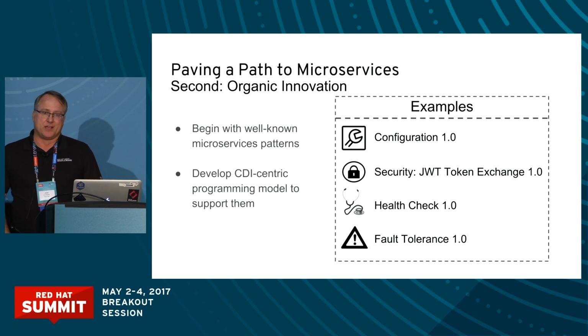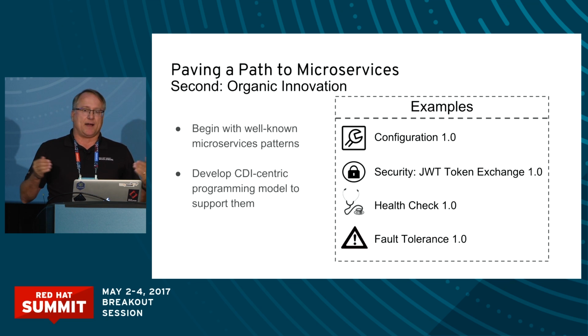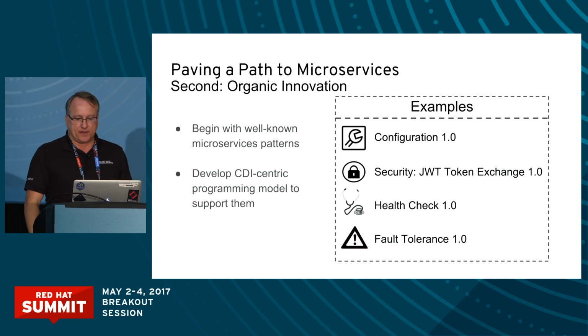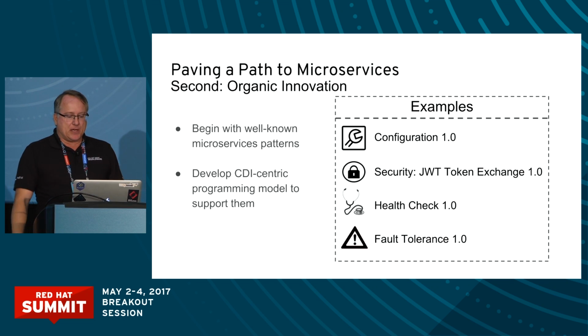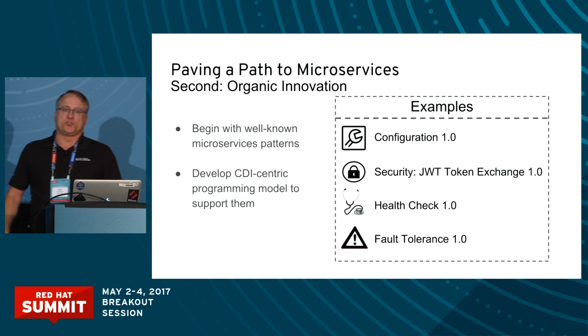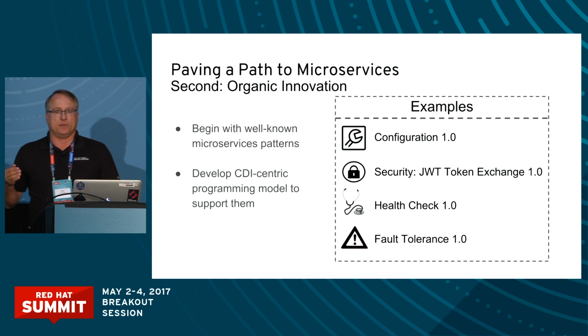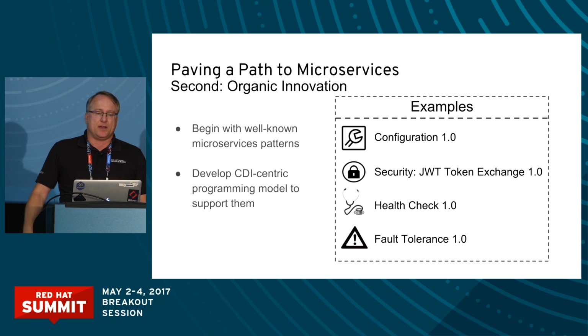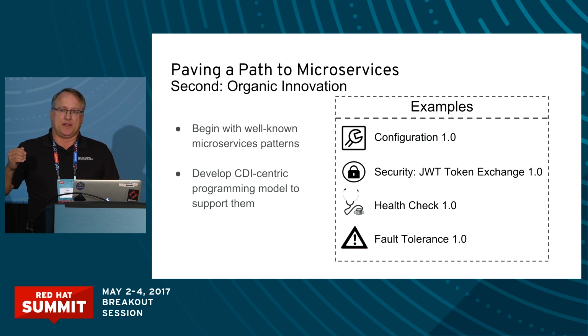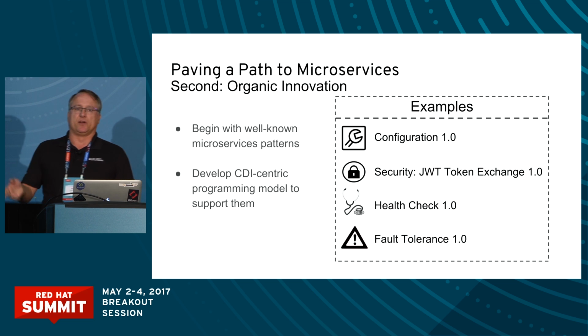JWT token exchange. The idea here is we all agree on what metadata is in the token that we should all support, because there's a lot of metadata or properties that you can provide. Health check. So if your service is running in the cloud, environments are able to detect if your service is healthy, if you provide the data. If it's not healthy, it'll kill the container in a containerized environment like OpenShift and restart it.